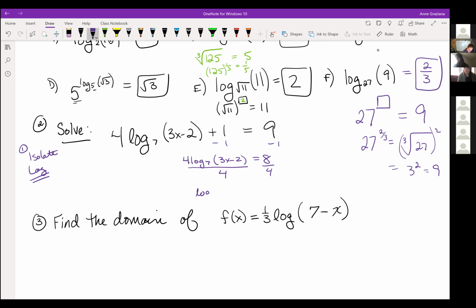So log base 7 of 3x minus 2 is equal to 2. All right. Now, once you do that, we're going to use our definition. Okay. So this means 2 is the exponent that goes on 7 that will give the stuff inside.